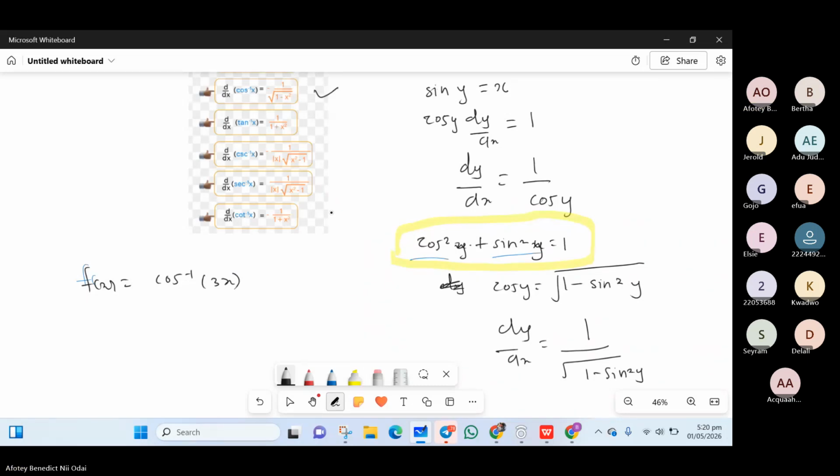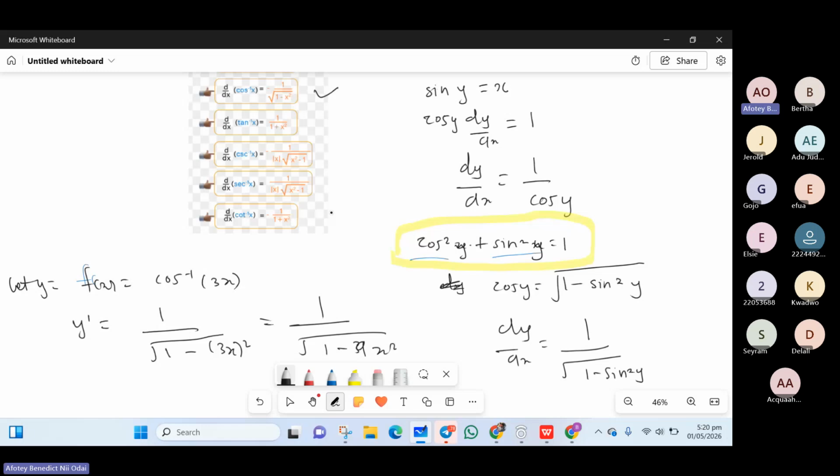So let y be equal to this, y prime is basically 1 on 1 minus 3x all squared, and this gives us 1 on 1 minus 9x squared. So this formula is not right. Let me check something.